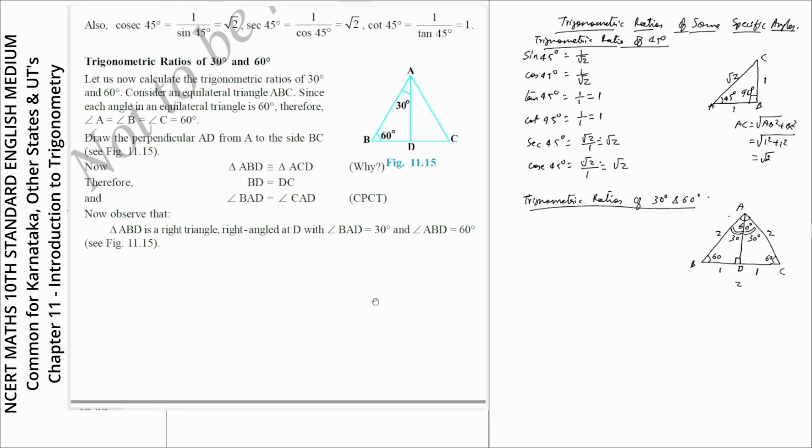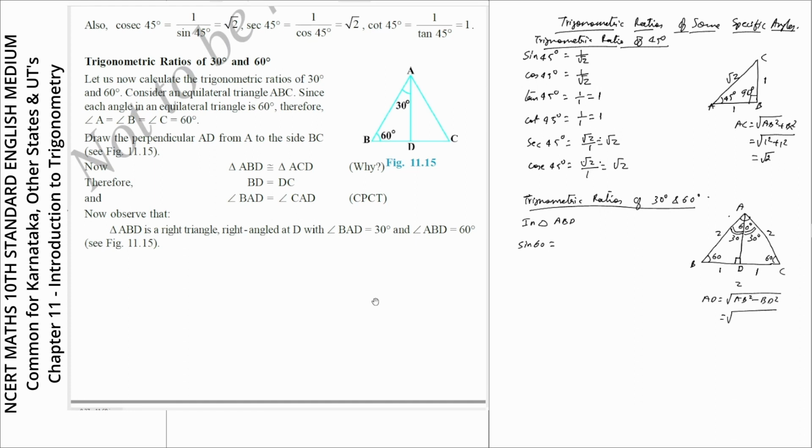Now in triangle ABD, what is sin 60 degree? Now before going here, what is the length of AD? Now AD is equal to square root of AB square minus BD square, right?